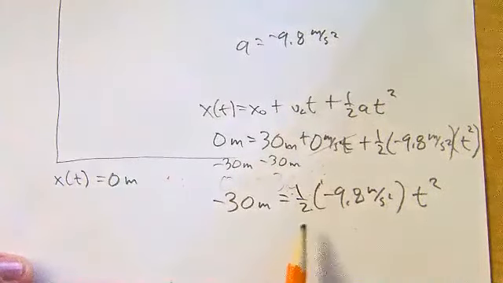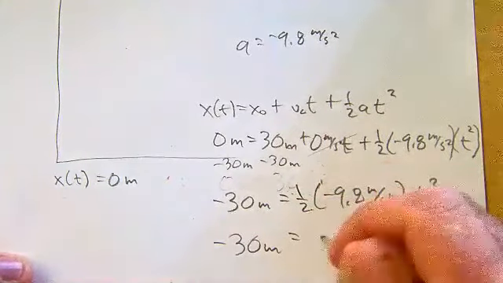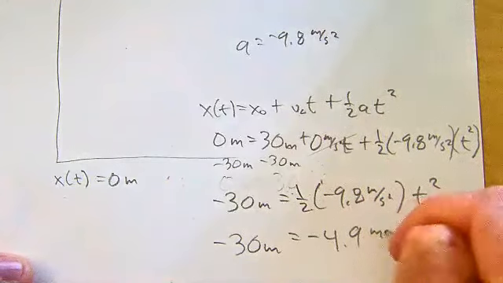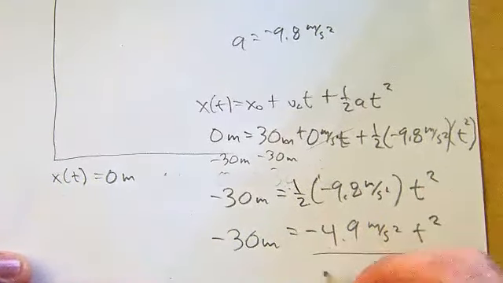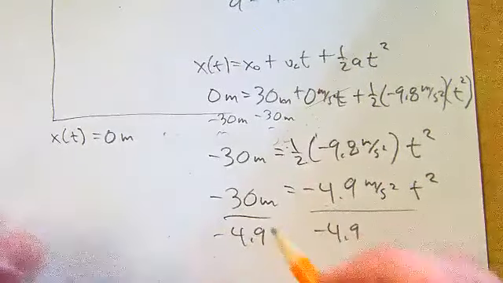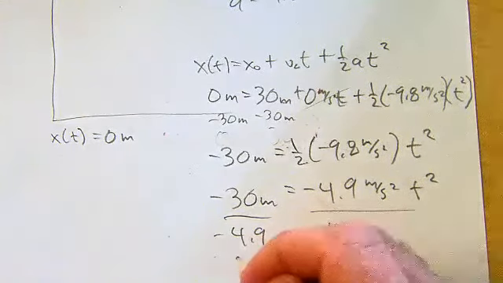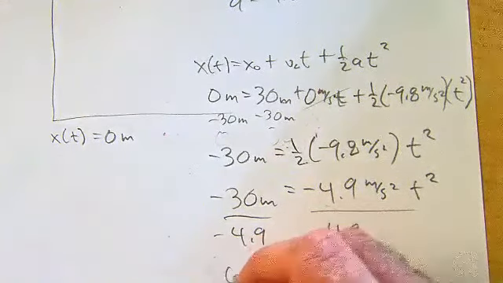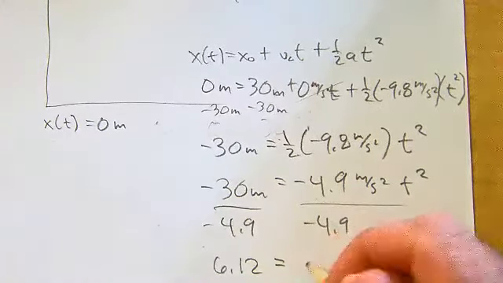I'll multiply the half in there, negative 4.9 t squared. Divide each side by negative 4.9. So 30 divided by 4.9 is 6.12. I'll go to 2 decimal places here, and at the end I'll round it to 1, but that equals t squared, right?